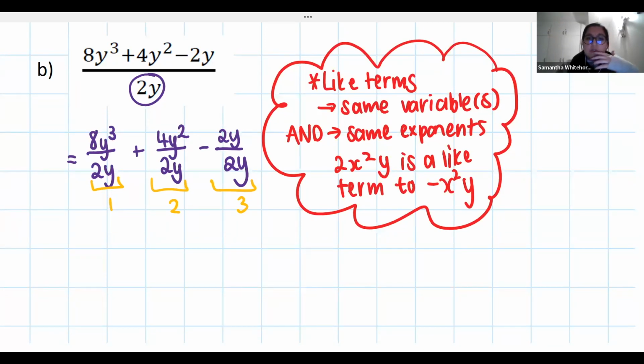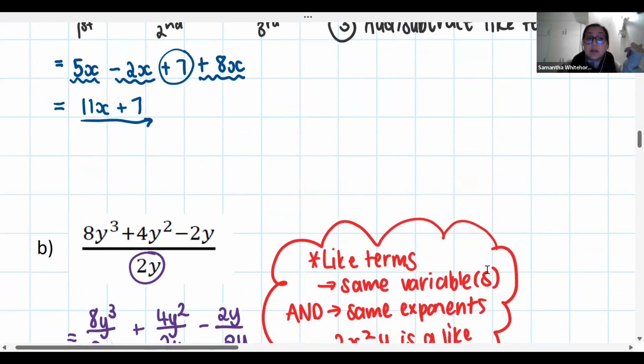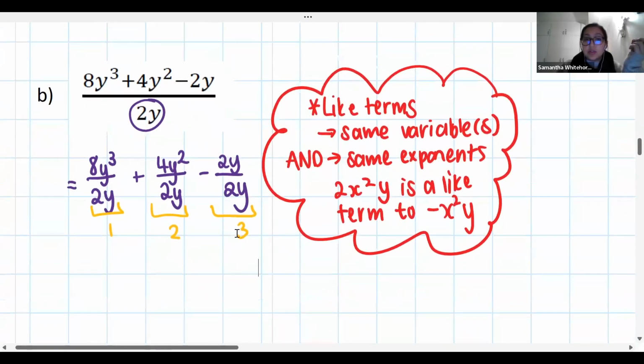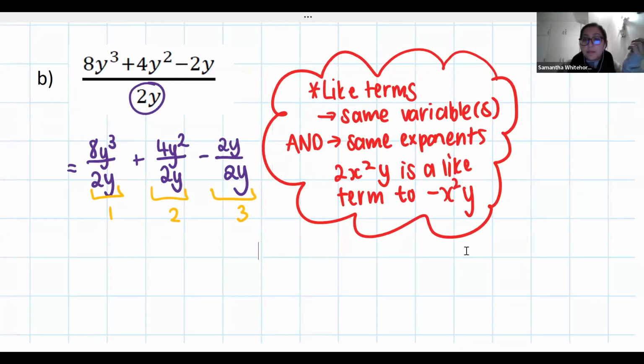Immediately, I feel like I might be a bit stupid here, but 5 minus 1 plus 8. I'm assuming you're talking about the last one. It's not minus 1 because it is minus 2. Please be careful of your distribution there. Right, I will give you a hint here, guys.